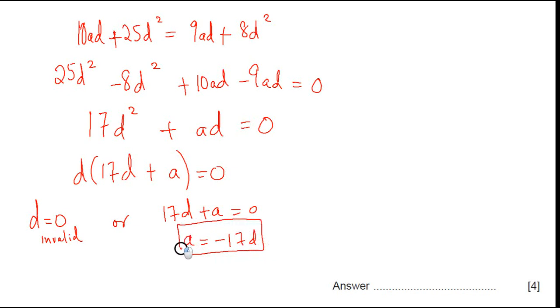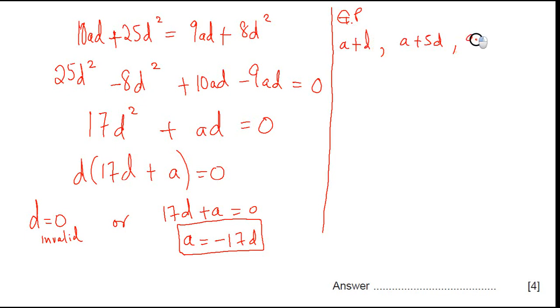Are you tired already? I hope you still remember our sequence. What is the first term of our GP? A plus D. What is our second term? What is our third term? Our r. Now let's put the value of A everywhere we have an A, we can substitute it with this.